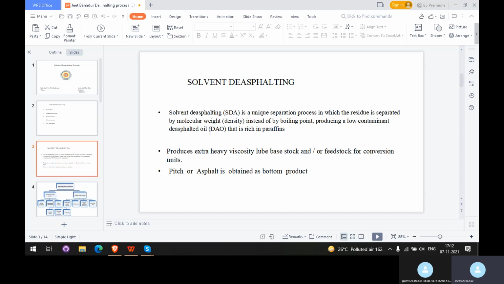So these are the products which we get, and it produces heavy viscosity lube oil base stocks like DAO, or feedstock for the conversion units, and it also gives us the bottom product like asphalt or pitch, and asphalt is also known as bitumen.